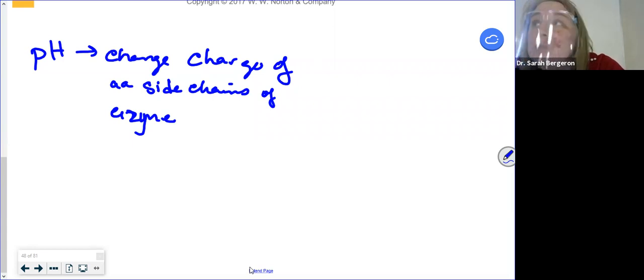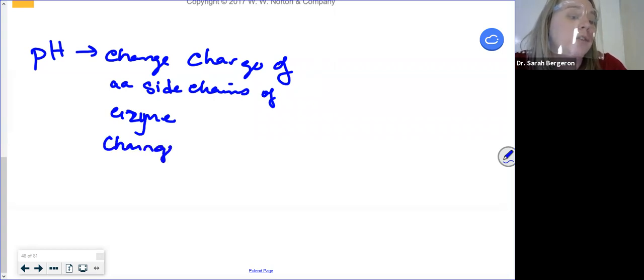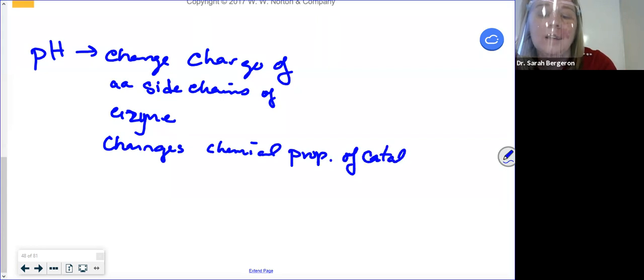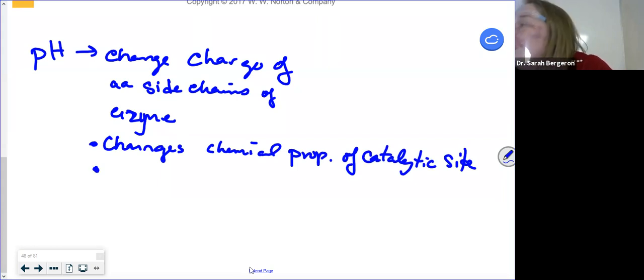So it can absolutely change binding affinity. It changes the chemical properties of the catalytic site. True. What else? So that's how it does it. There's another way. That's absolutely true.